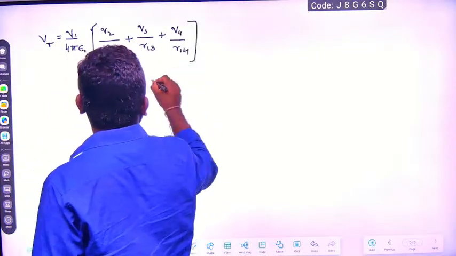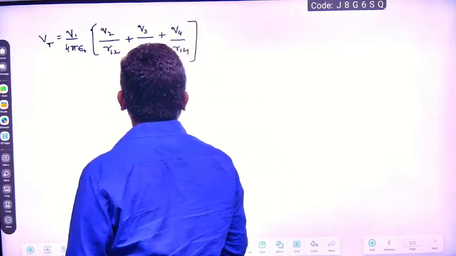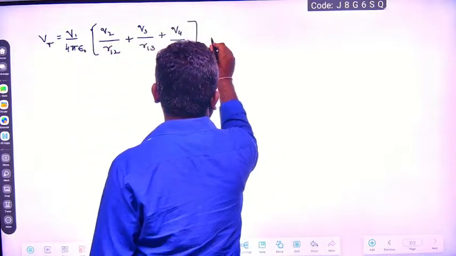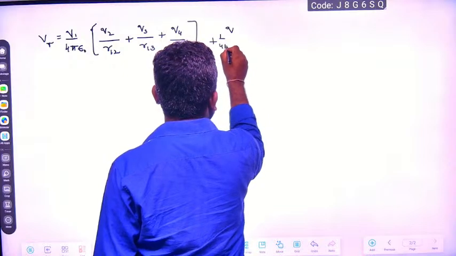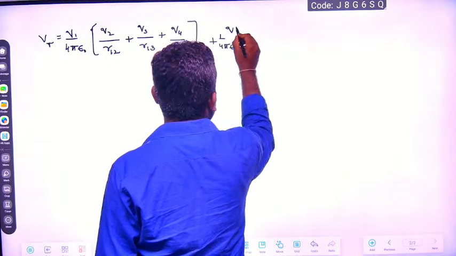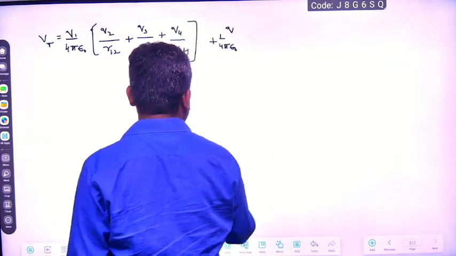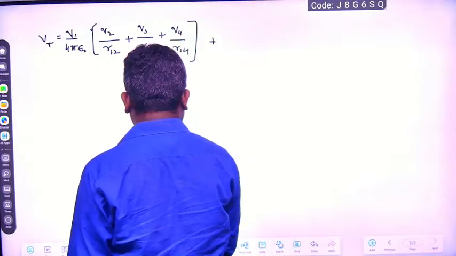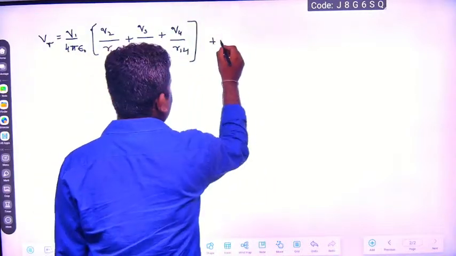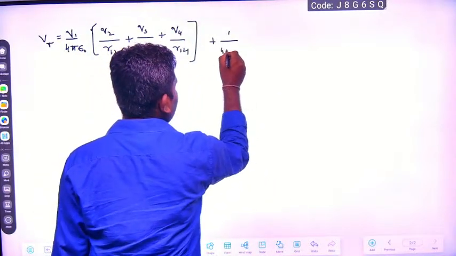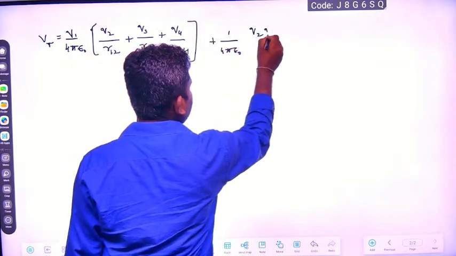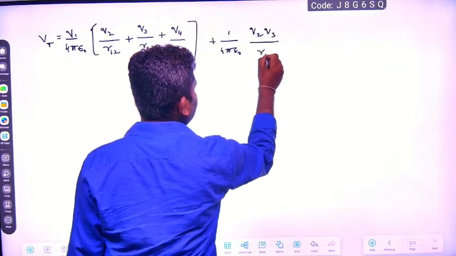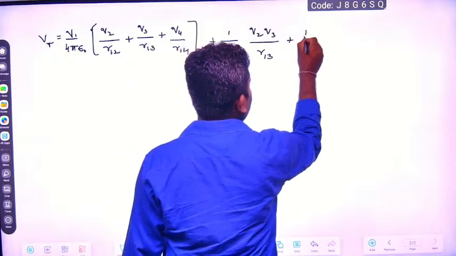Okay. Next. Plus 1 by 4 pi epsilon naught Q2 Q3 by R23. Okay, let's write properly. Plus 1 by 4 pi epsilon naught Q2 Q3 by R13, plus 1 by 4 pi epsilon naught.